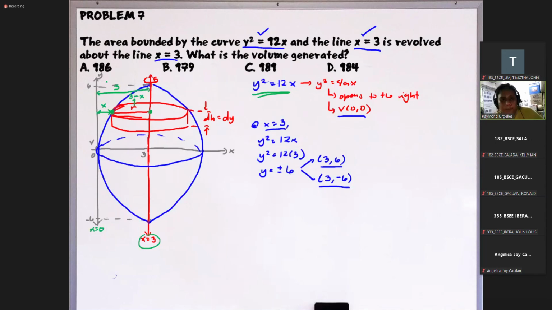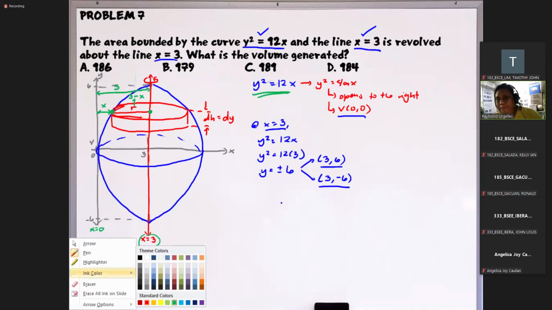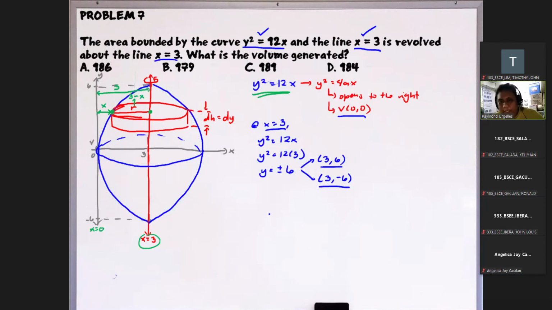Now we have the radius and h in terms of x and y, so we can set up our equation. The differential volume of the disk is pi r squared dh, where r is simply 3 minus x and dh is dy.